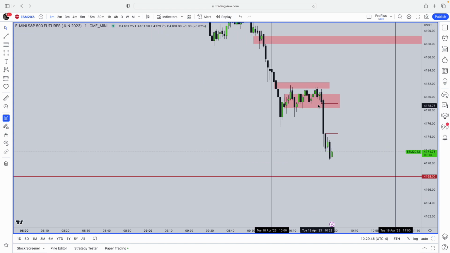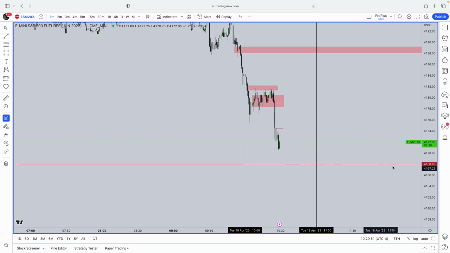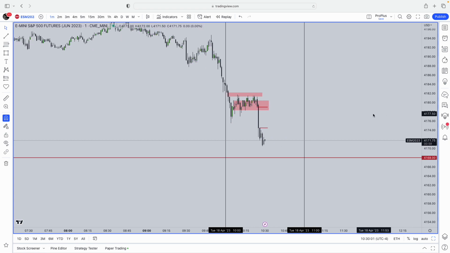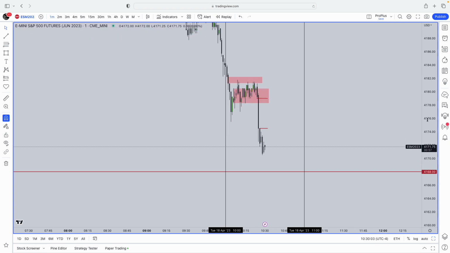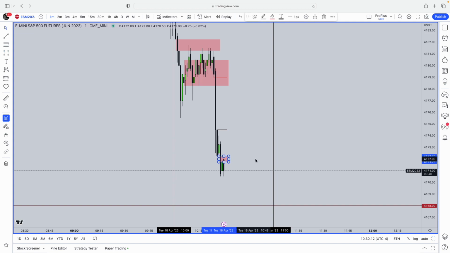So potentially this could be the fair value gap for the silver bullet. And the draw on liquidity is 4168. Volume imbalance there.